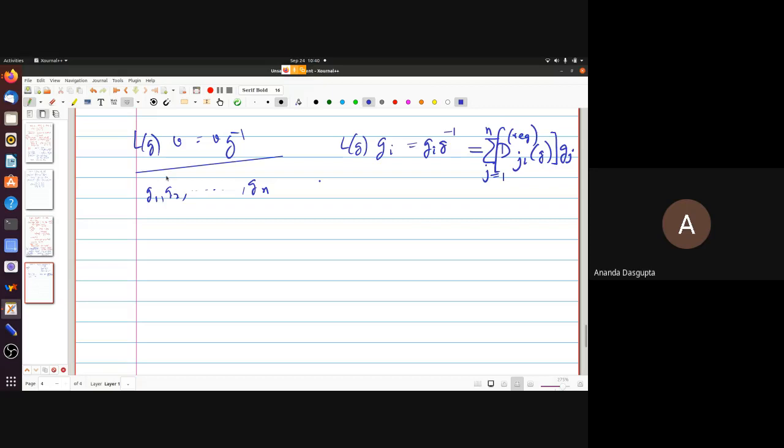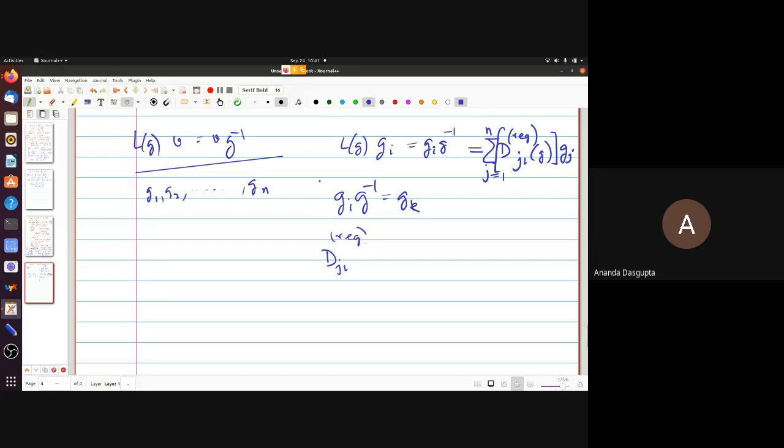So L_G G_i is G_i inverse, and that's one of the group elements. And because it's one of the group elements, when you expand it out in the basis, the expansion will be a whole lot of zeros, only one 1 somewhere, whichever element you have. So if G_i inverse is G_k, some group element, then this has to be G_k, and that means D_ji of G, sorry, not inverse, where did I get the inverse from?